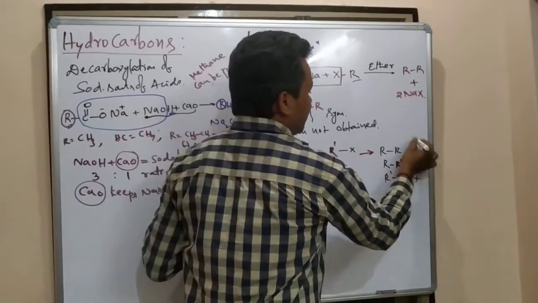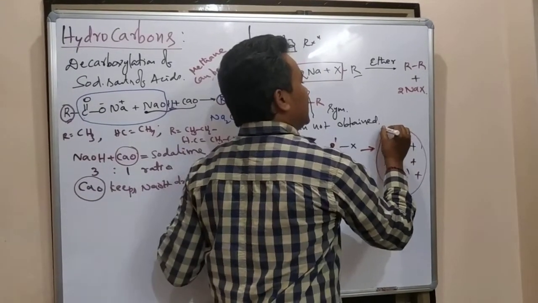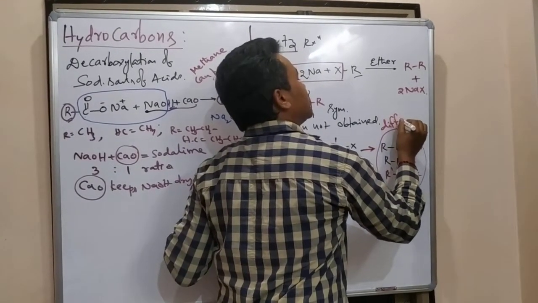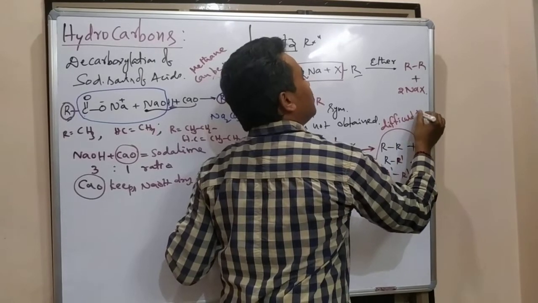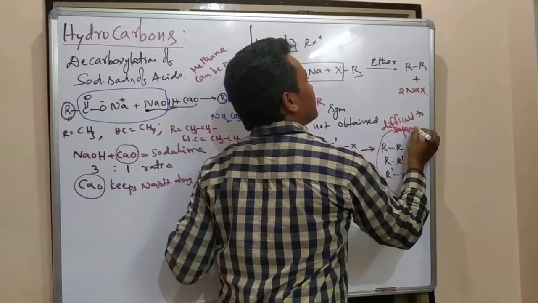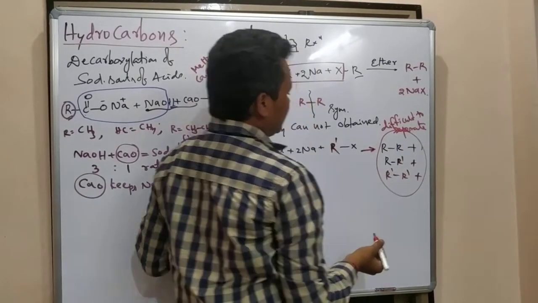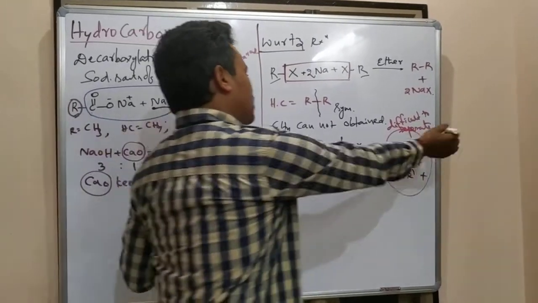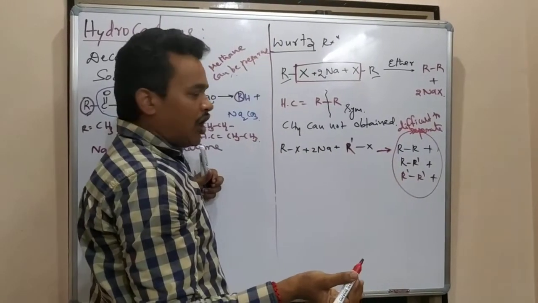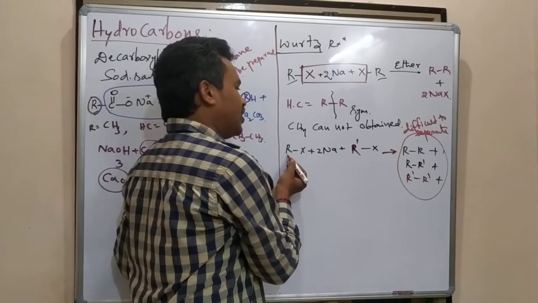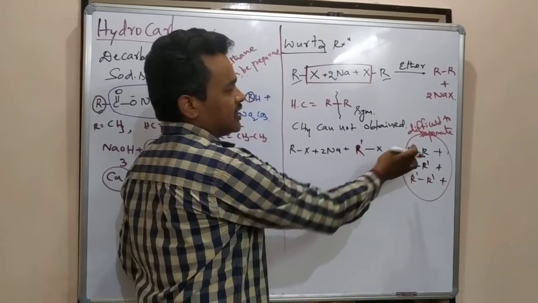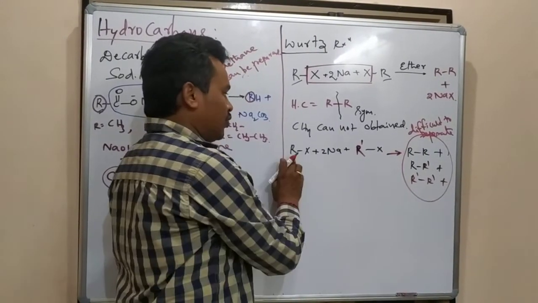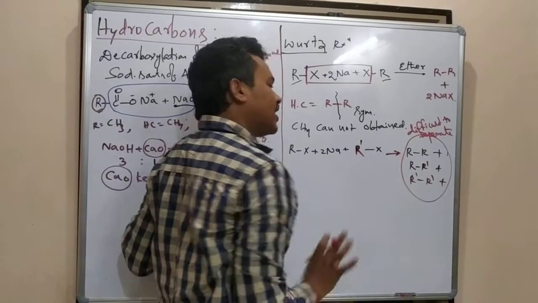This is a mixture, so it is difficult to separate. Odd-numbered carbon chains can also form: if one carbon and two carbons combine, an odd number will come.